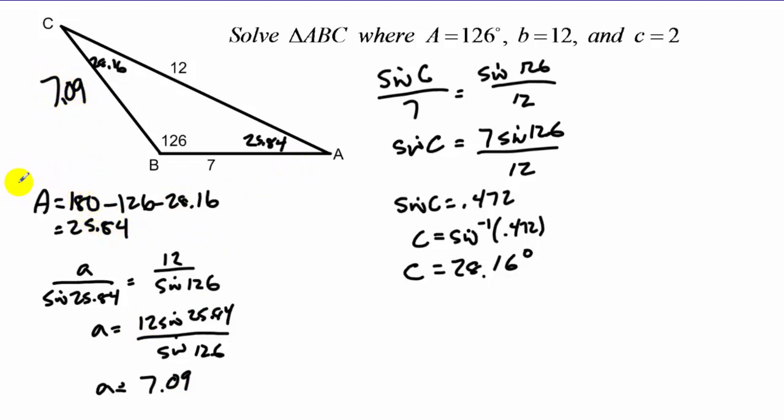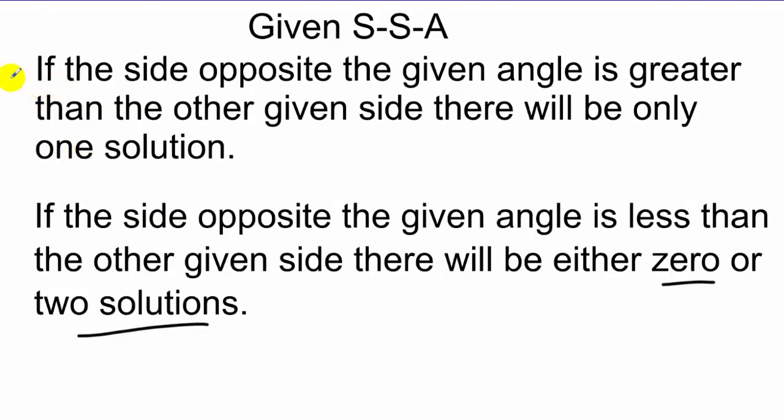So again, we've dealt with the following two situations: side opposite the given angle greater than the other side, where we had one solution, and side opposite the given angle less than the other side, zero solutions. So now we're going to deal with the two solution case.